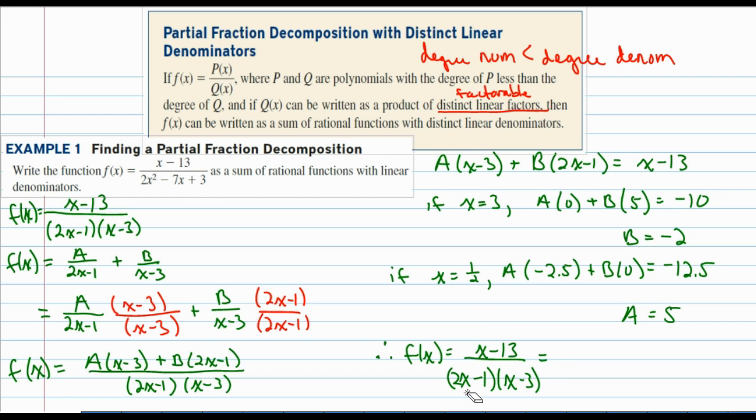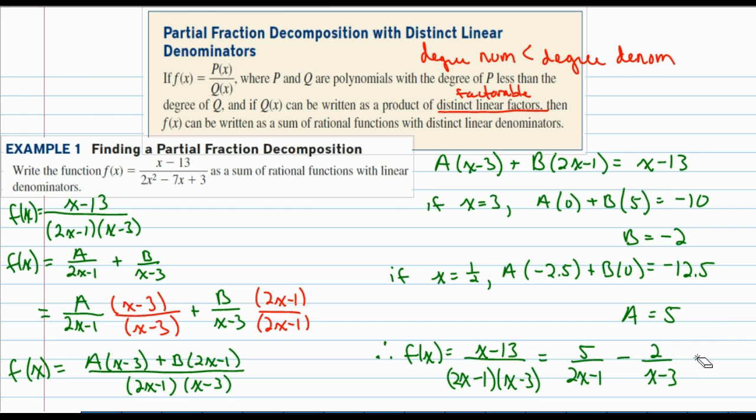The original function can be rewritten as 5 over 2x minus 1, the a value, minus 2 over x minus 3, the b value. If you graphed the original f of x and the new f of x, they would be the same graph.